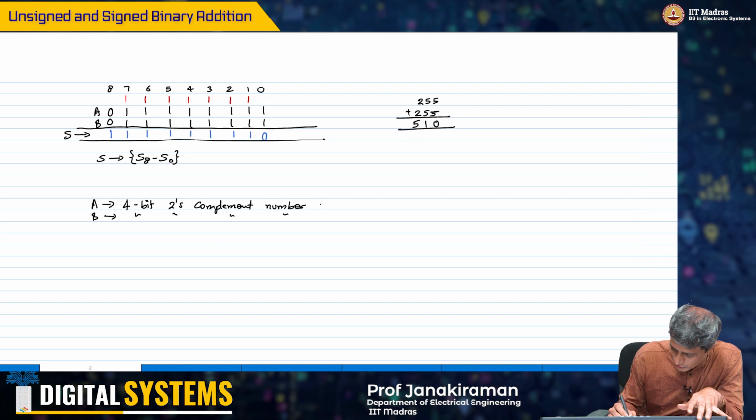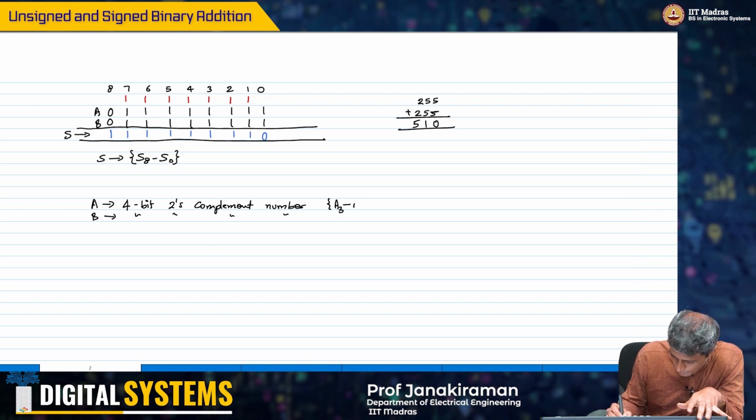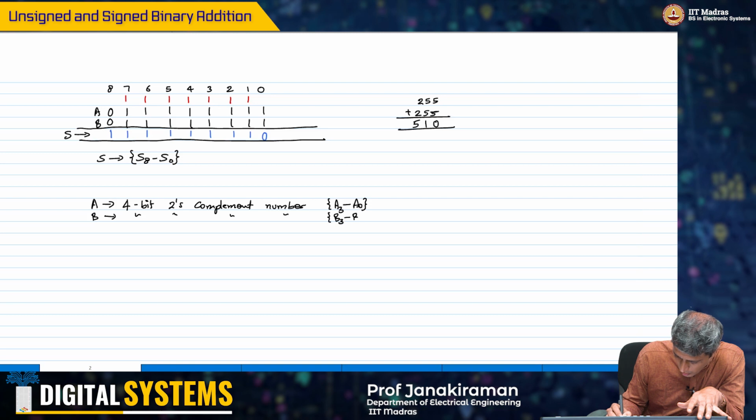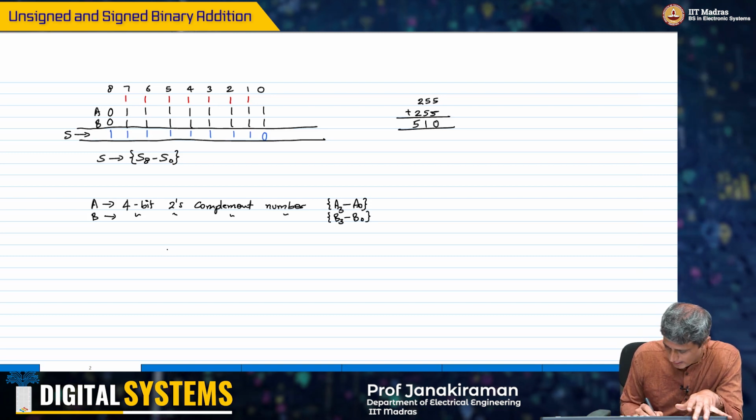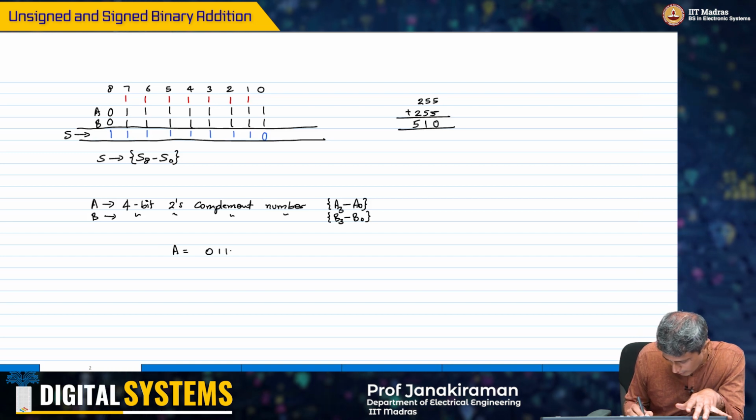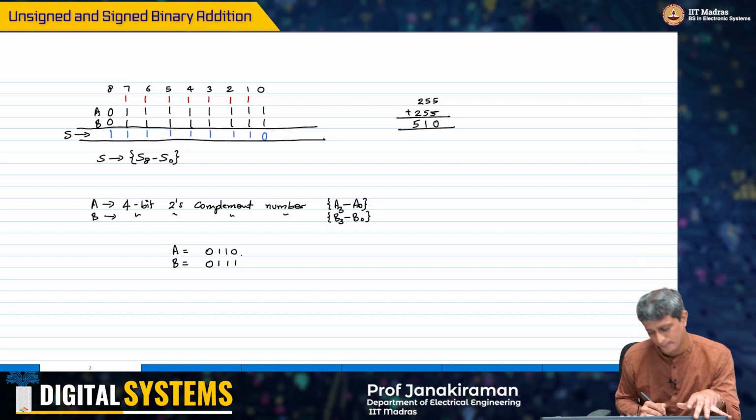This is basically A3 to A0, B3 to B0. Now what do I have? Let's say A is equal to 0, 1, 1, 0. I want both to be positive numbers in this case, and B is 0, 1, 1, 1.